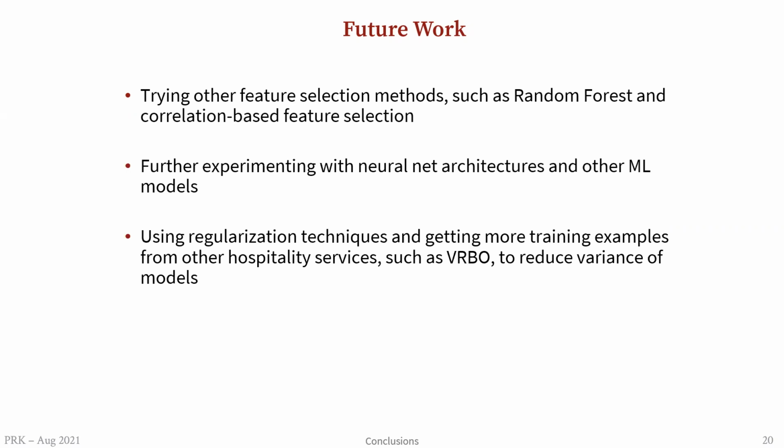Using regularization techniques is specifically important here, as we saw some models were overfitting the data. Also, we can get more training examples from other hospitality services, or maybe even Airbnb data sets from cities close to New York City or any other cities, which would help reduce the variance of the models.